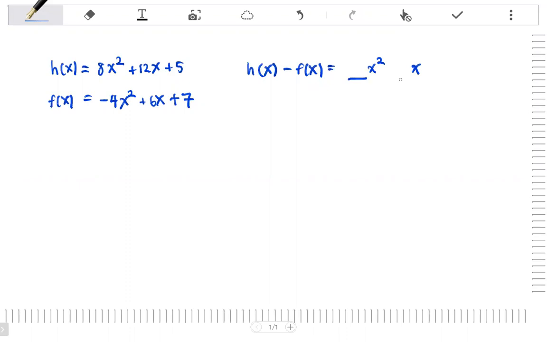This is called a coefficient, by the way. The thing that's in front of the variable. 12. Yeah. Nice. And our second coefficient? 6. Nice. Positive 6. And our constant? -2.